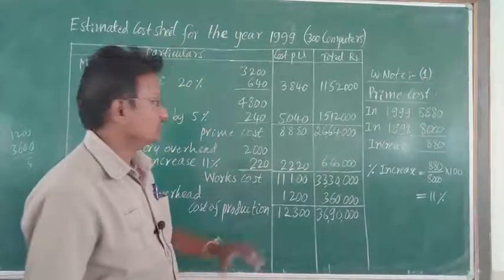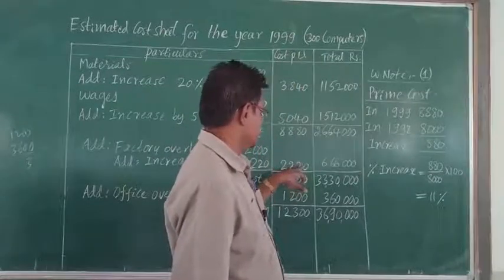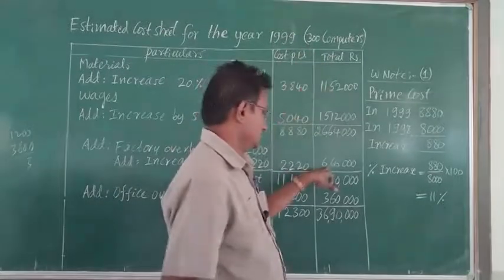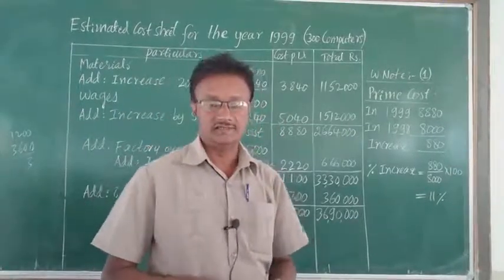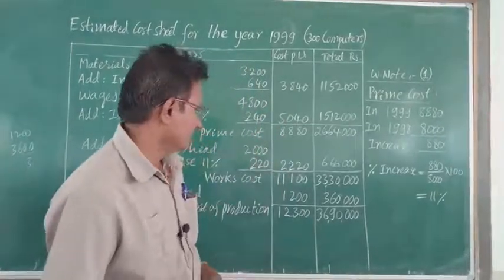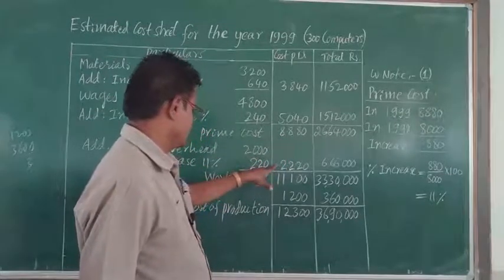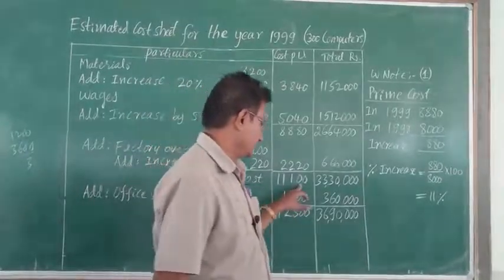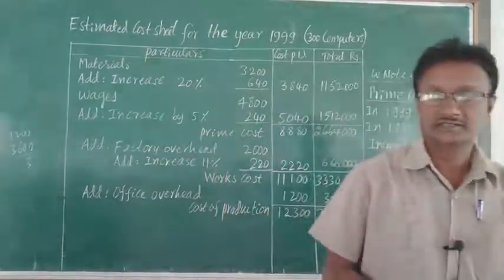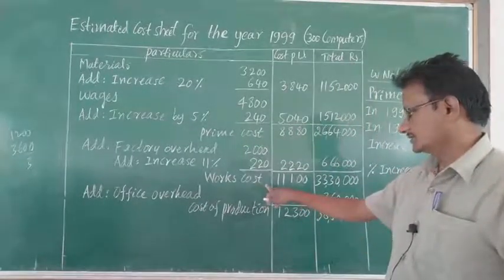It is factory overhead, and for 300 computers, 2,220 into 300, the total cost is 6,66,000. And make the total of prime cost and factory overhead. The total is 11,100 per unit and 33,30,000 for 300 computers. It is called works cost.